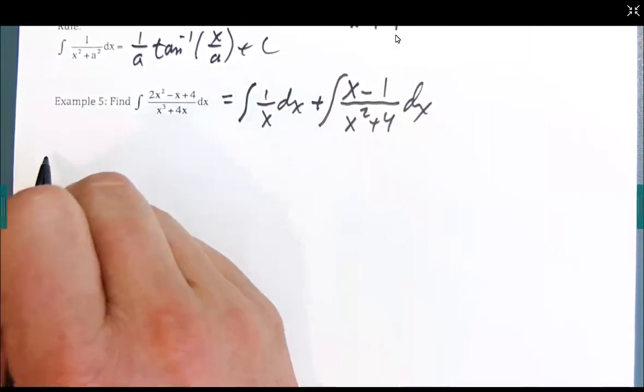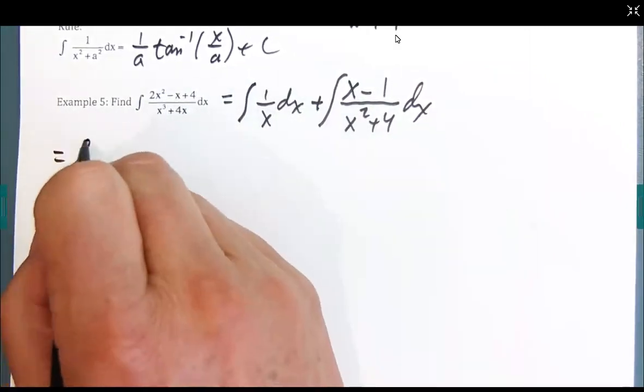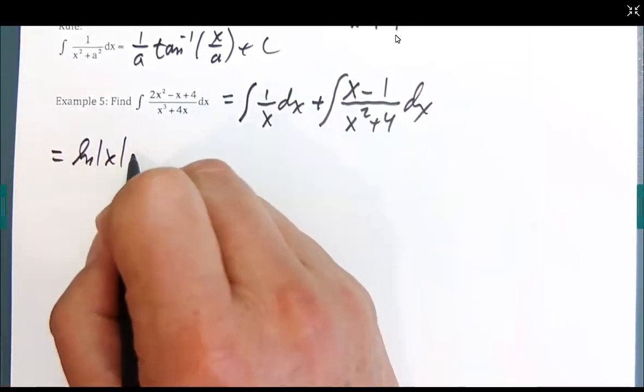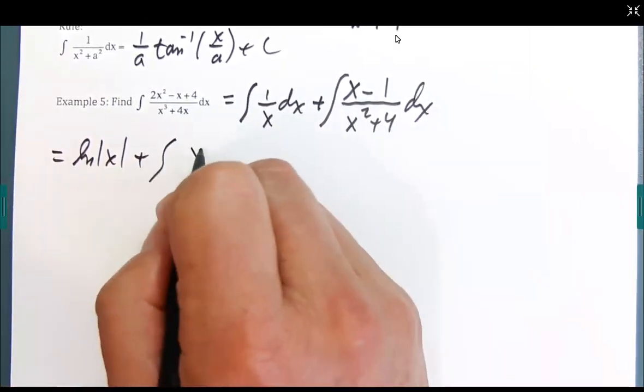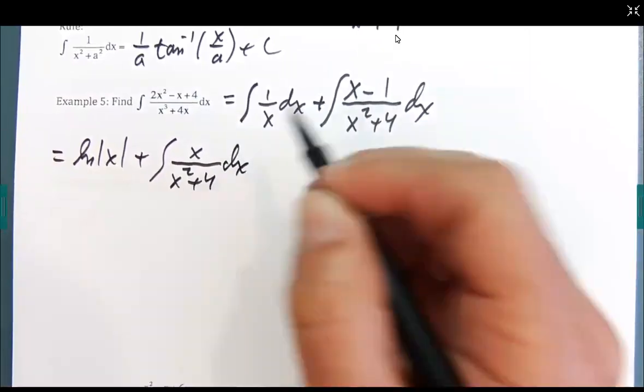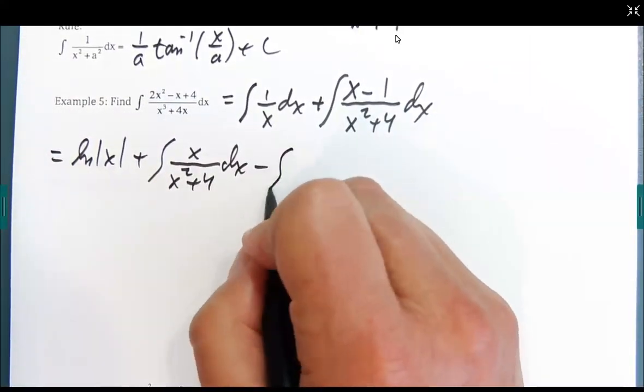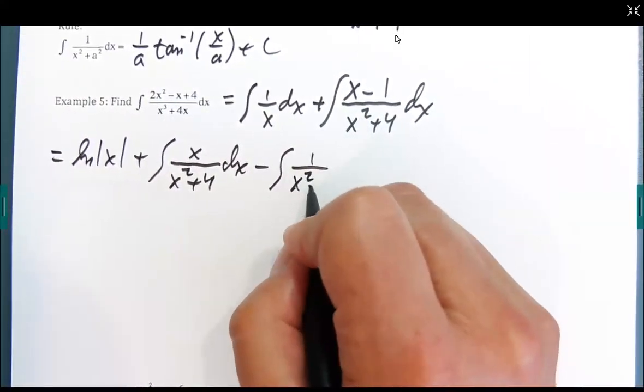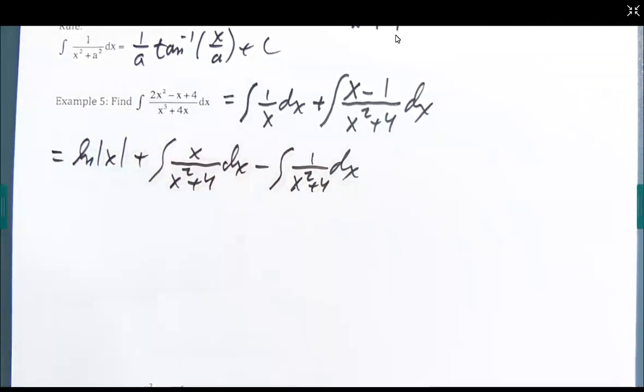All right. This first one's easy. That's ln absolute value of x. Plus, I'm going to break this up like that. All right.